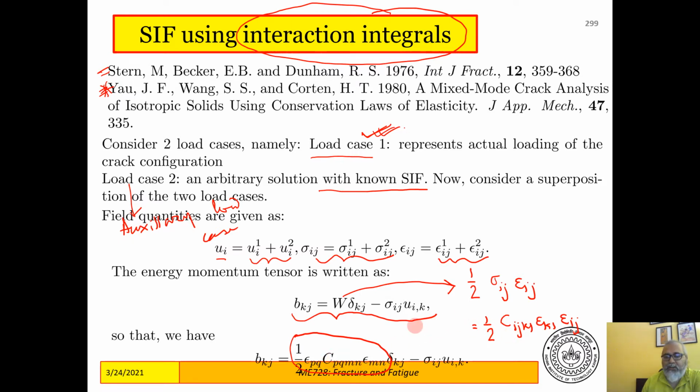I have used, instead of ij, pq and mn, and this is your energy momentum tensor.